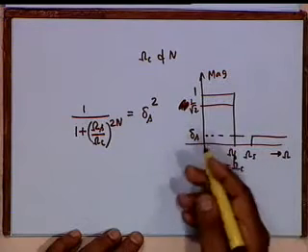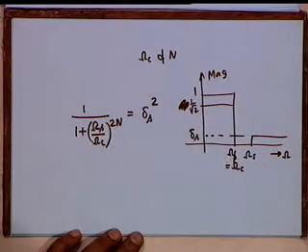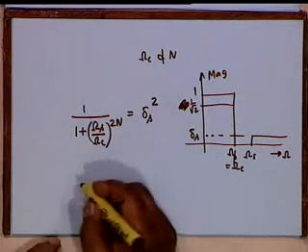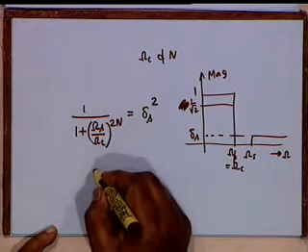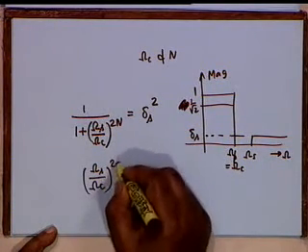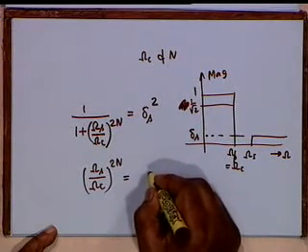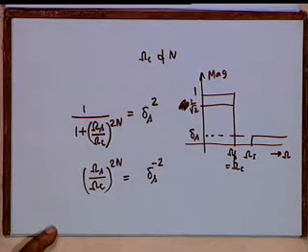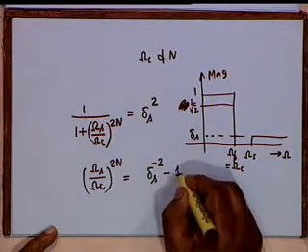That this is magnitude is obvious because I have written 1 by root 2, otherwise I would have written half. Don't make a mistake. These are the usual places where one makes a mistake. And therefore, I get omega s divided by omega c to the power 2N is equal to delta s to the power minus 2, minus 1.